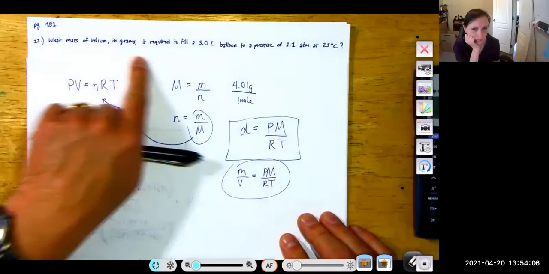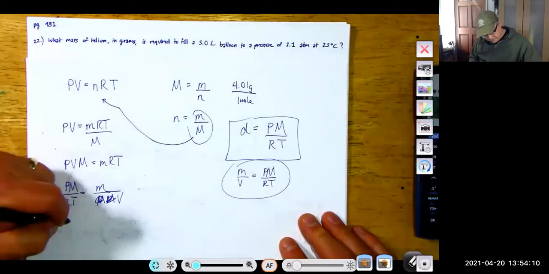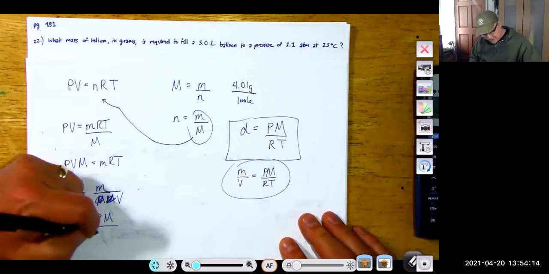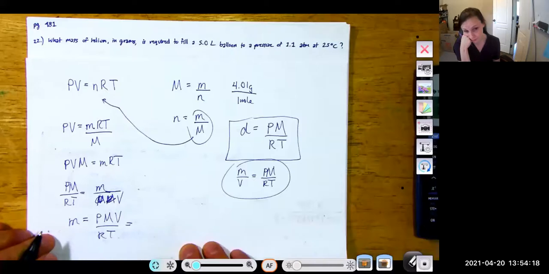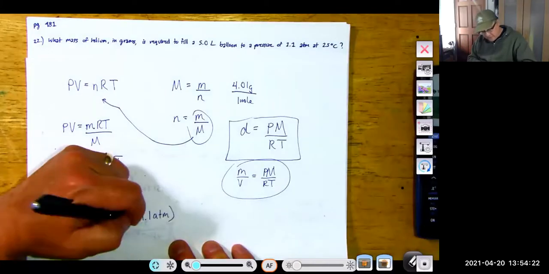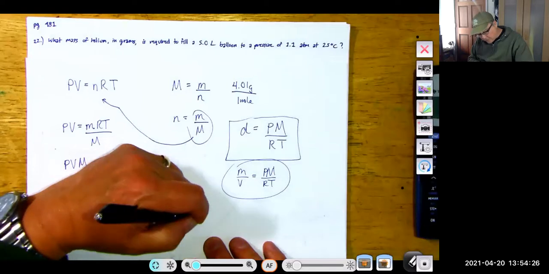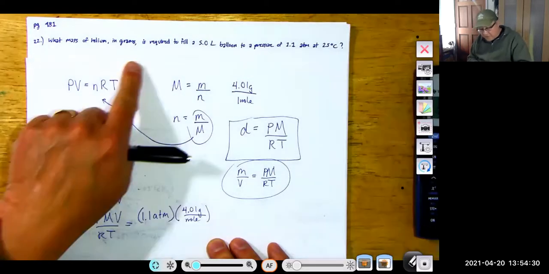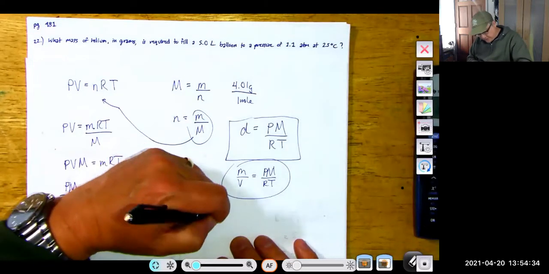Little m. So here we get little m is equal to P big M over RT times V, right? The pressure, 1.1 atmospheres. The molar mass, 4.01 grams per mole. The volume, 5.0 liters.